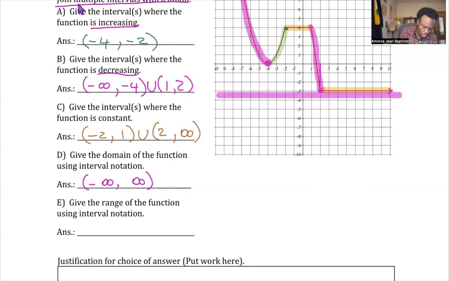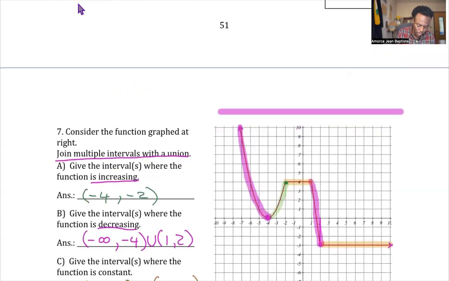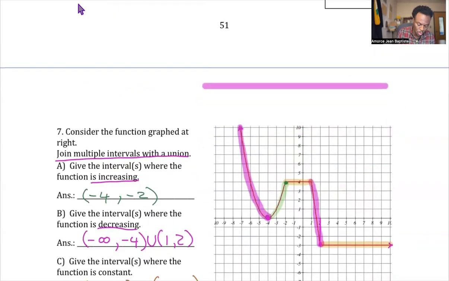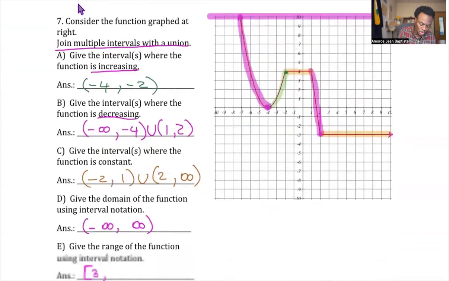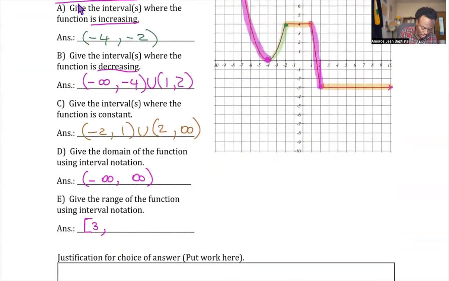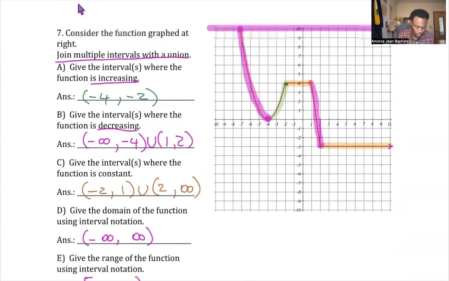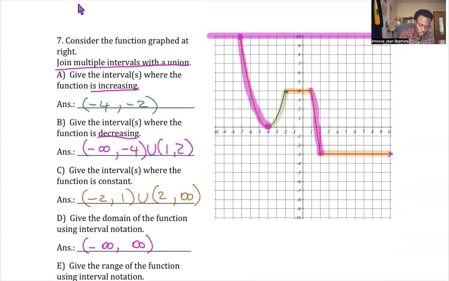So it starts from -3 with a bracket because it's included, and then it goes all the way up to positive infinity. See the arrow, it goes up, never stops. So that's positive infinity. Next example.